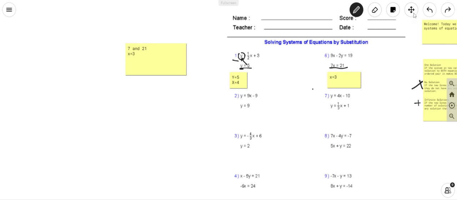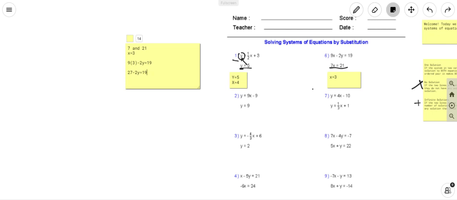So let's do that. 9x, we're plugging it in, so 9 times 3, minus 2y equals 19. 9 times 3 is 27. Minus 2y equals 19.